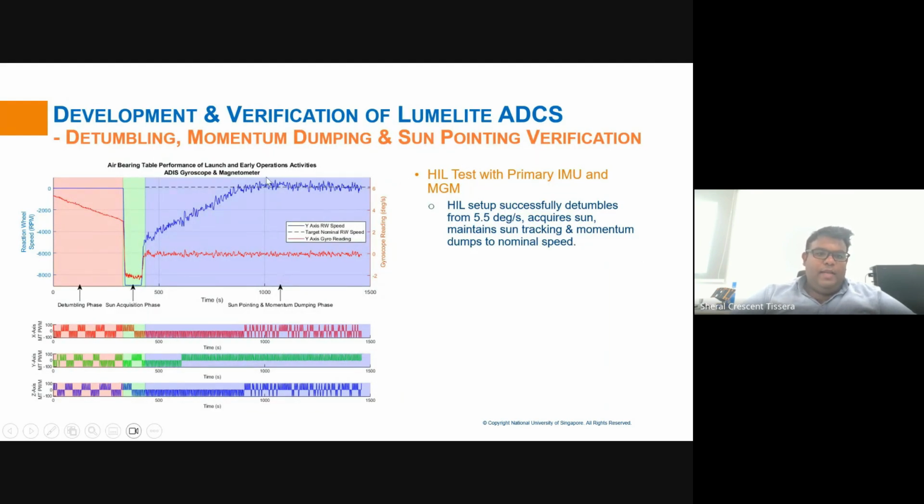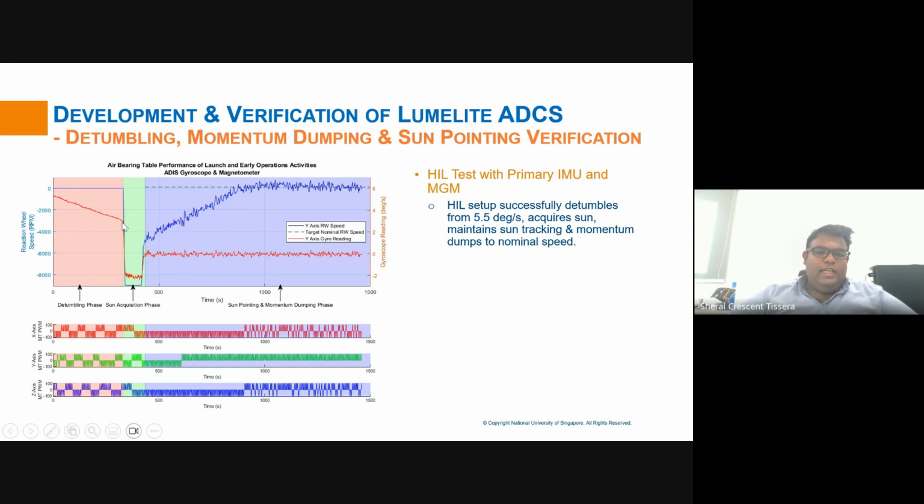These are some of the experimental results for detumbling, momentum damping, and sun pointing verification using the hardware in the loop simulator. So we have three portions. The red shows the detumbling phase where the body rate shown in red color is constantly reduced using the magnetic torquers until the reaction wheels are able to absorb the residual momentum of the simulator or the satellite.